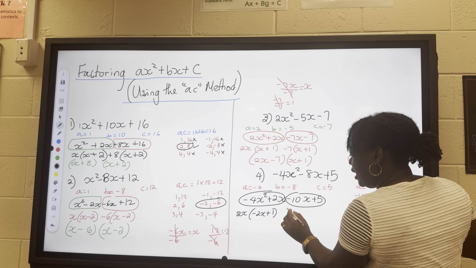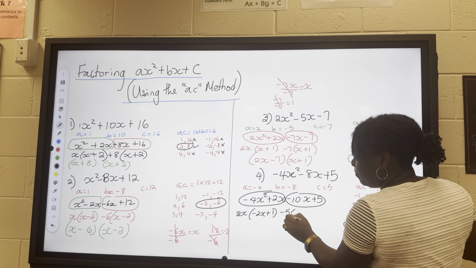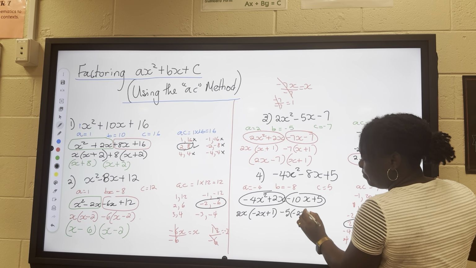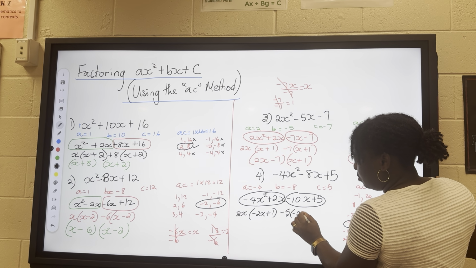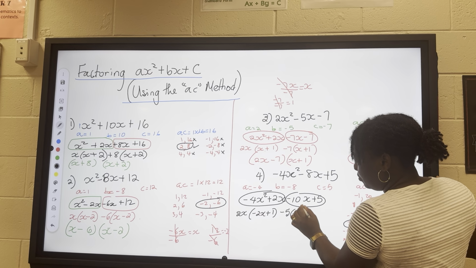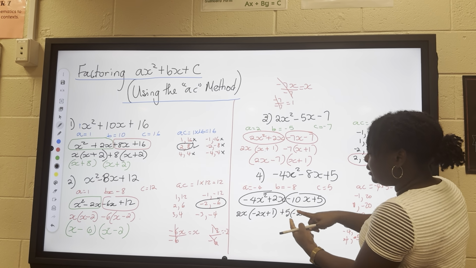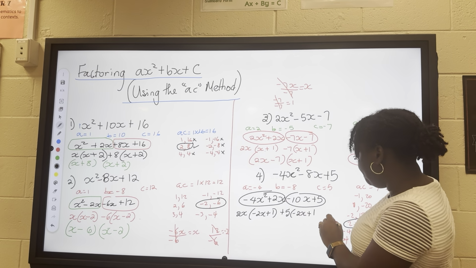And here I can pull a minus 5. So that's negative 2x, sorry, here I pull a plus 5, I apologize. So that's negative 2x plus 1, right?